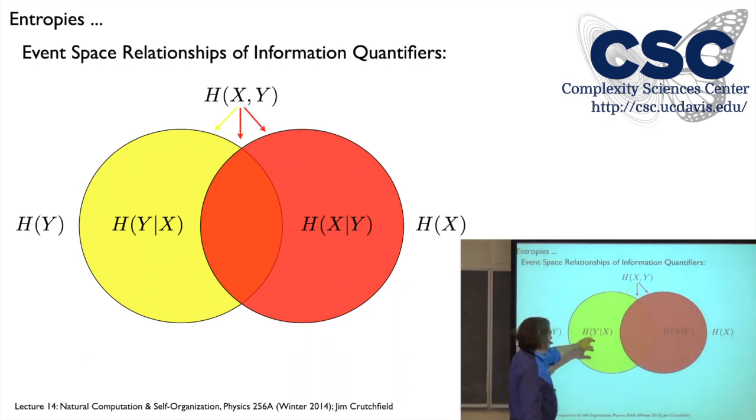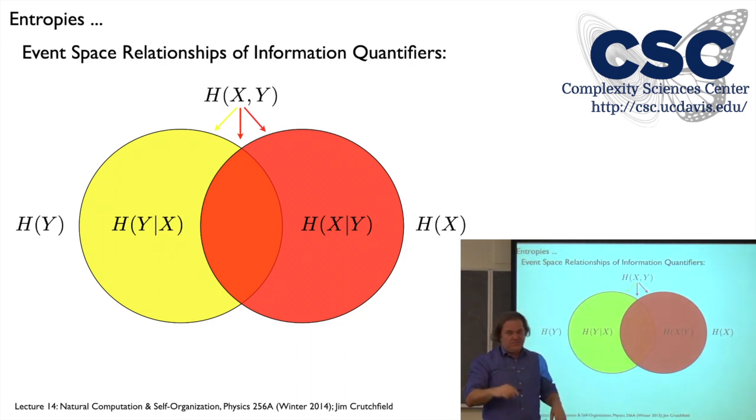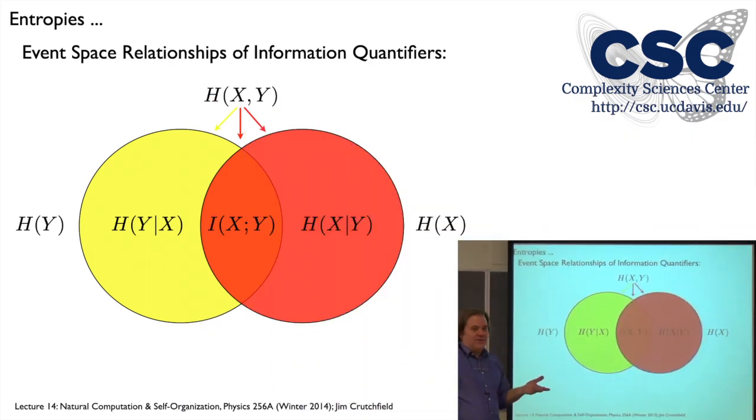And symmetrically, uncertainty in y, I hack out the x piece because that's given, and this yellow crescent is the conditional entropy of y given x. So information theory has a very close relationship to the set theoretic, Venn diagram organization of the event spaces. The middle wedge, well, that's the shared information.